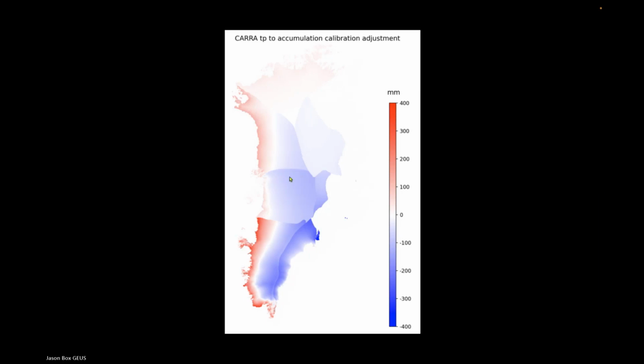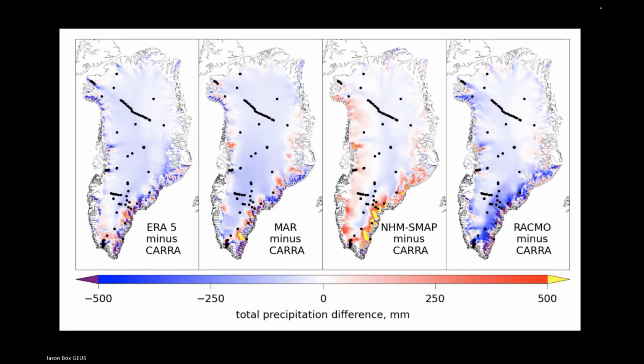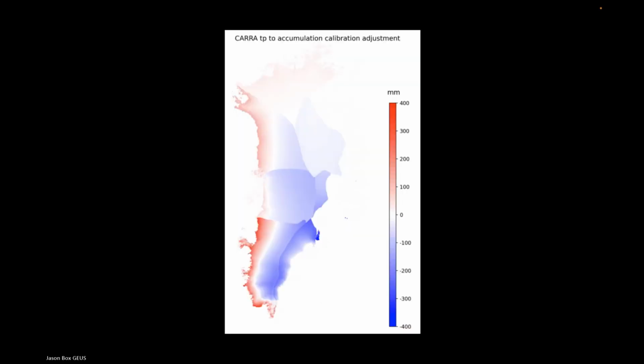So this is a map that is attempting to calibrate CARRA to accumulation to account also for drift snow sublimation and other effects, to try to produce the most accurate snowfall accumulation map that we have for Greenland. So this is work in progress, and I think I'll leave it there, and thank you for your attention.